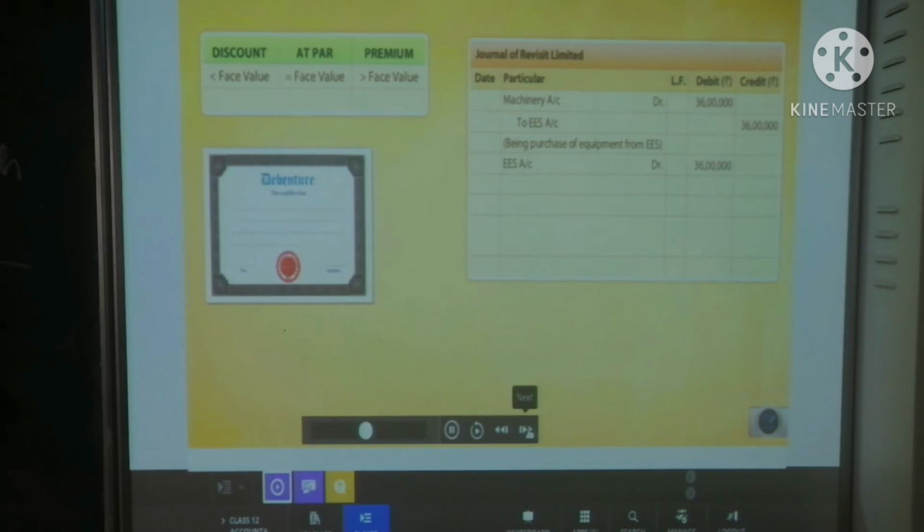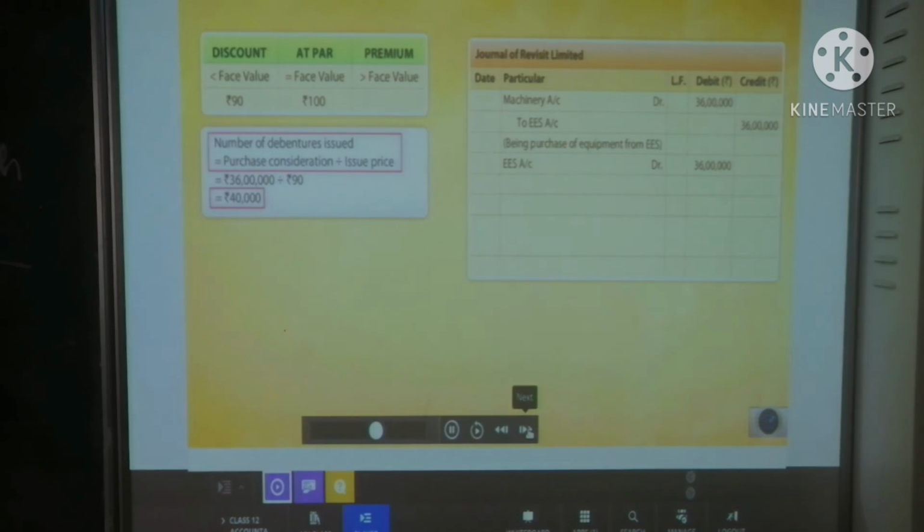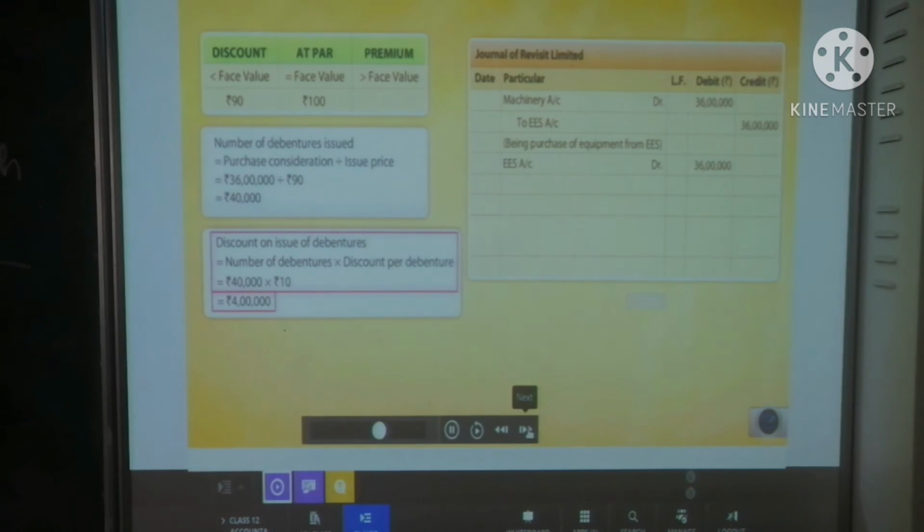EES accepted 12% debentures of 100 rupees each at a 10% discount. The issue price is 90 rupees per debenture. The company issues 40,000 debentures and the discount on issue of debentures is 4 lakh rupees.